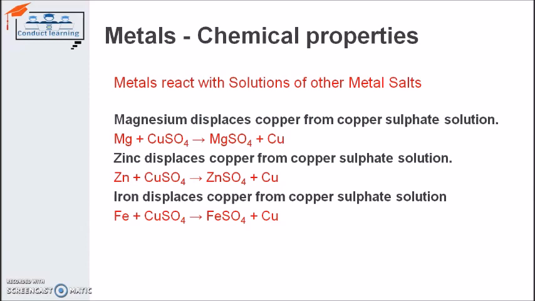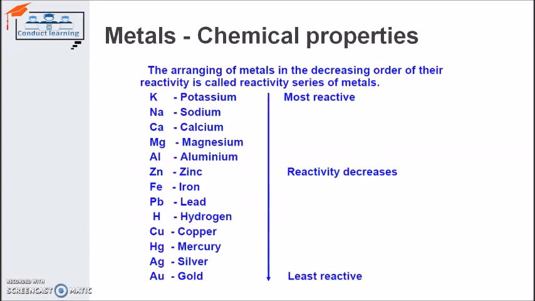So the order of reactivity of different metals is given in this list, in which we see that potassium is very much reactive and sodium is less than this, and sodium and potassium are both highly reactive metals, as we already know, because when they are put in an open environment they catch fire.